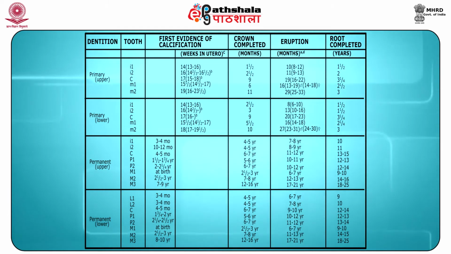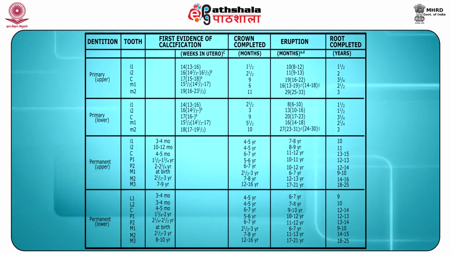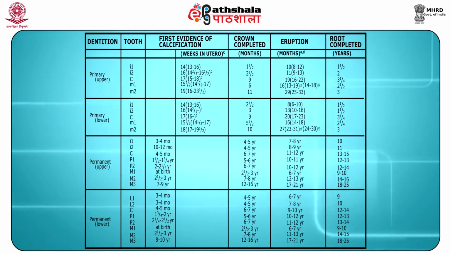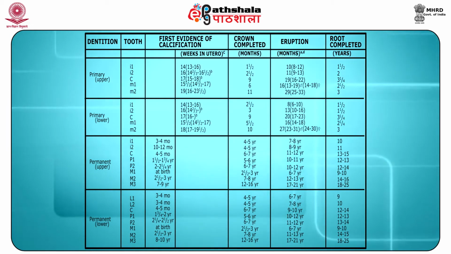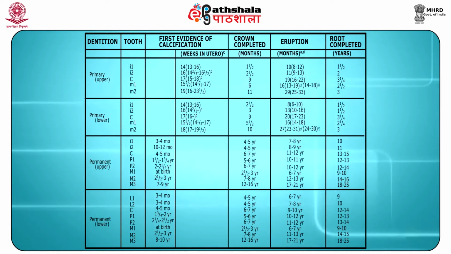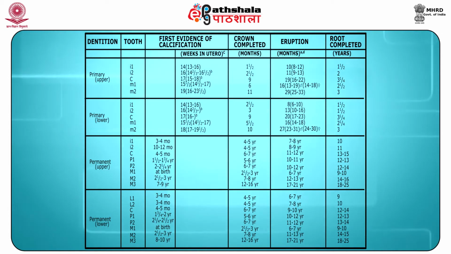And the canine appears at the age of 11 to 12 years, and the root is completed by the end of 13 to 15 years. Same happens for the premolars, both premolars, and then at the age of 12 to 13 years, it is the second molar which erupts completely, and their root formation is completed by the end of 14 to 16 years.